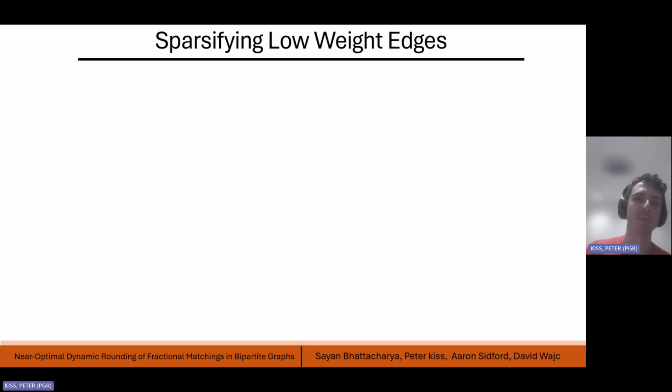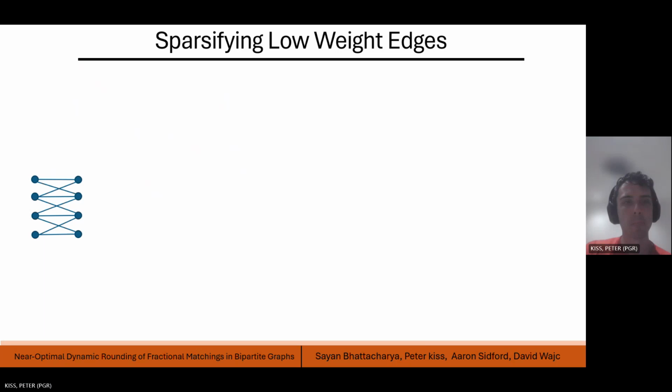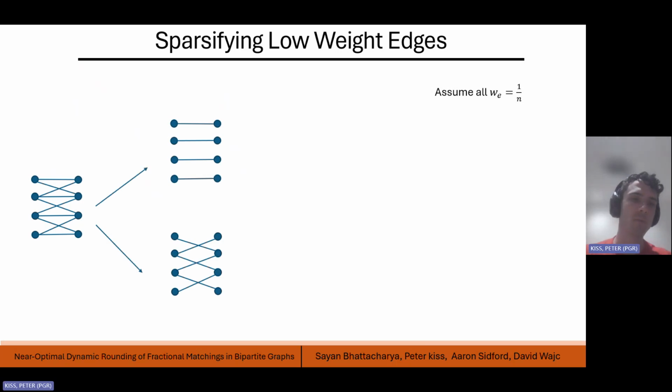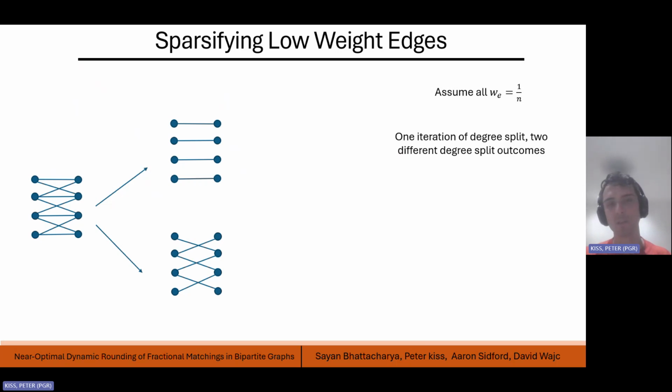So how do we sparsify very low weight edges? Let's just look at some input graph like this one, and let's just assume for the sake of simplicity that every edge weight is very tiny, say 1 over n. If we run the degree split subroutine on this graph, in the previous algorithm we only considered the larger edge set output of this degree split, but in fact it will give us 2 edge sets in a single iteration.